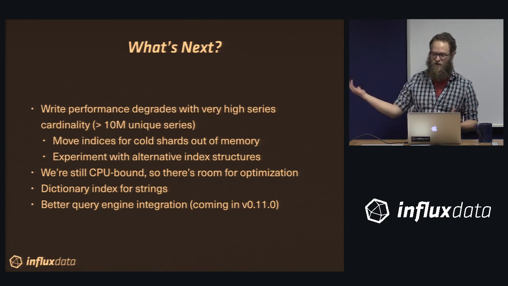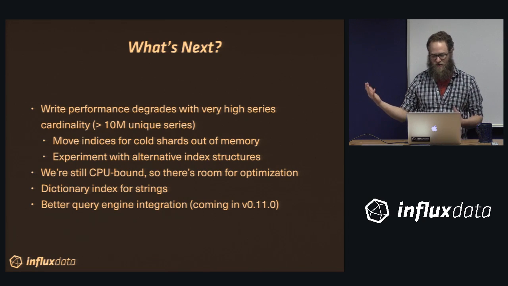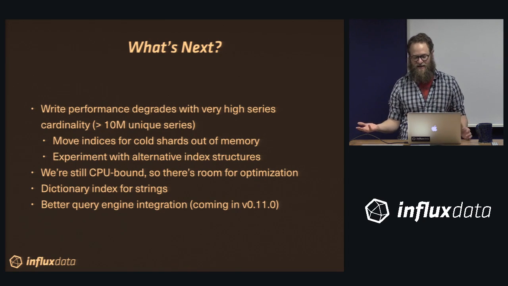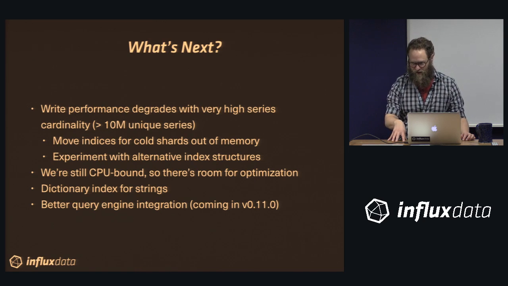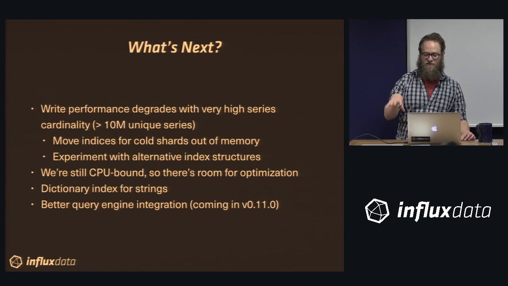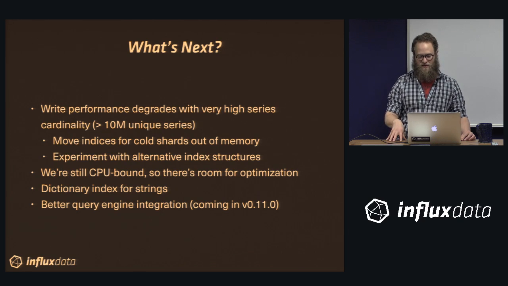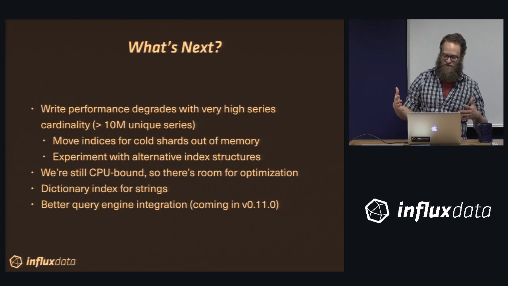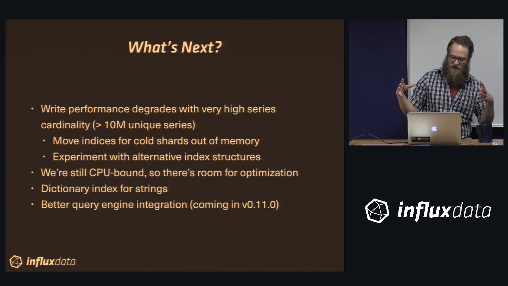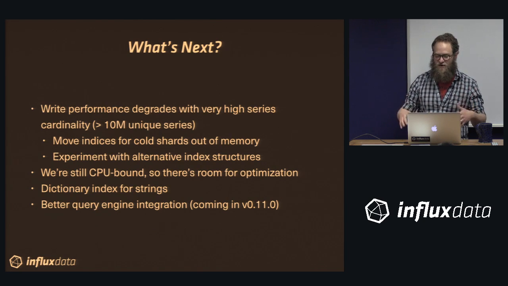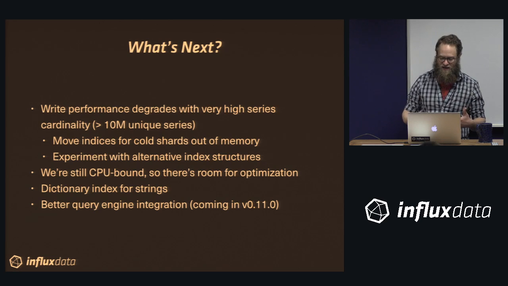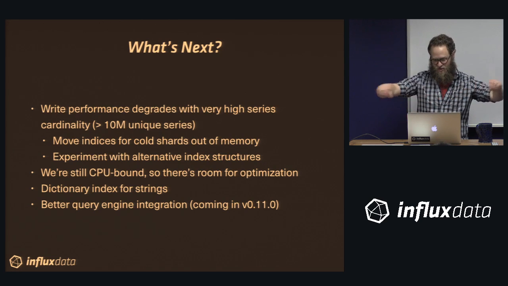If you're looking at 10 million unique series, even if you're doing 500,000 points per second, it's going to take you 20 seconds to write 1 point for each series. So it takes you minutes before you can get enough points to have a compressible data set on disk. As the TSM files are getting created, you have a lot of just distributed points.